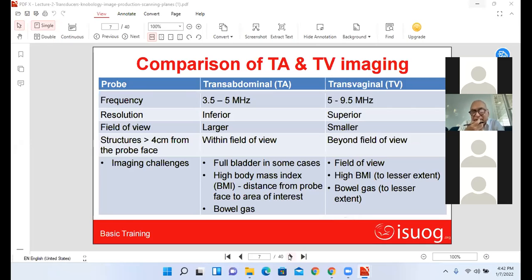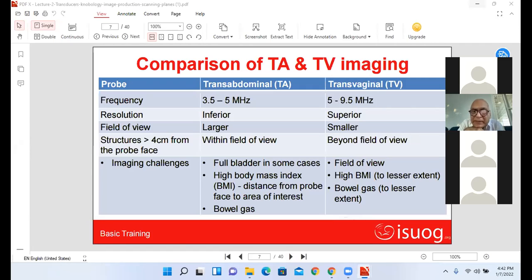High BMI: even in obese patients, in the first trimester, if you are doing a scan up to 12 weeks, a transvaginal probe will always give you better visualization of the fetal anatomy than transabdominal.